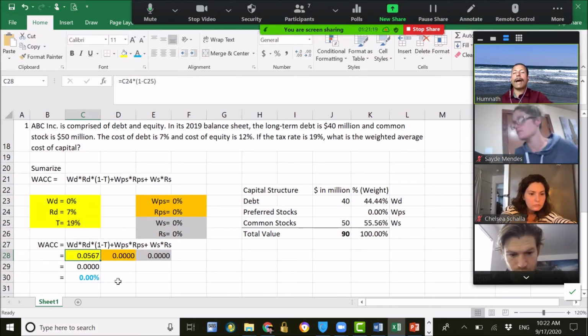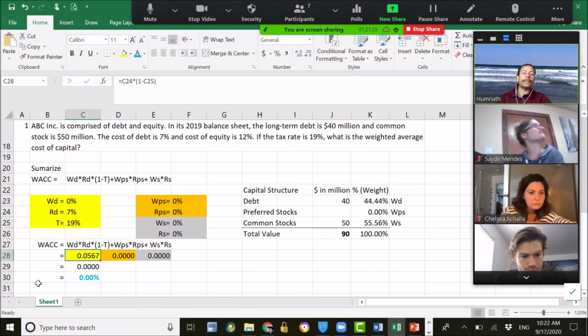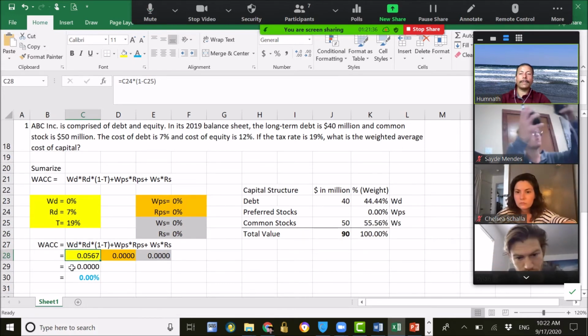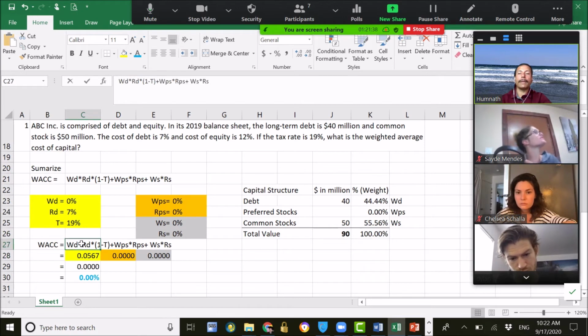So it's 5.6%, 6-7%. That is the after tax cost of debt. The same template you can use for several things. All you need to do is just know what you need to do. After tax cost of debt is only this part.